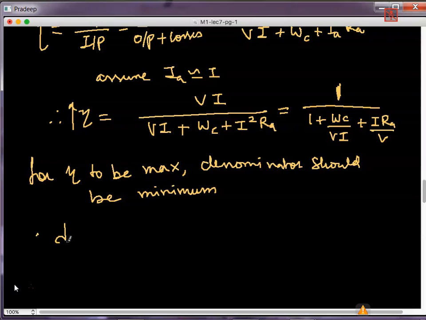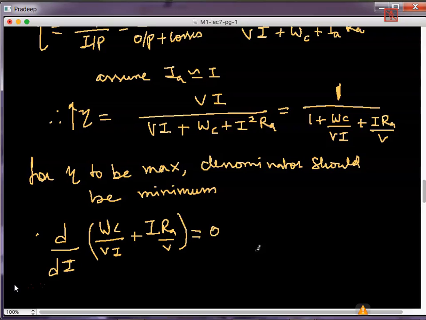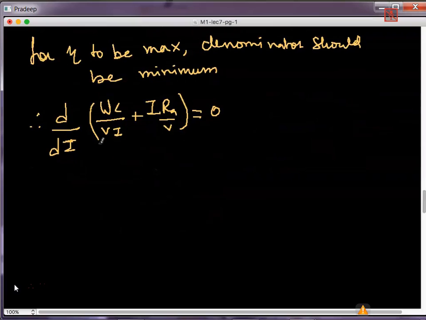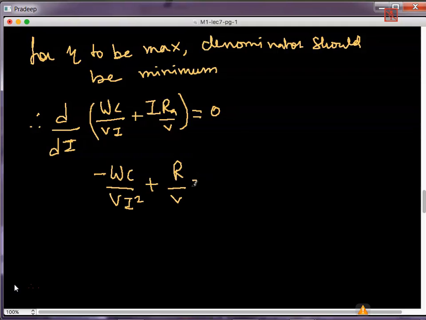Therefore, d by dI, differentiate with respect to the current, then WC by VI plus I RA by V has to be 0. So if you just do one further step, differentiate with respect to I, I'll get minus WC by V I square plus here RA by V equal to 0.